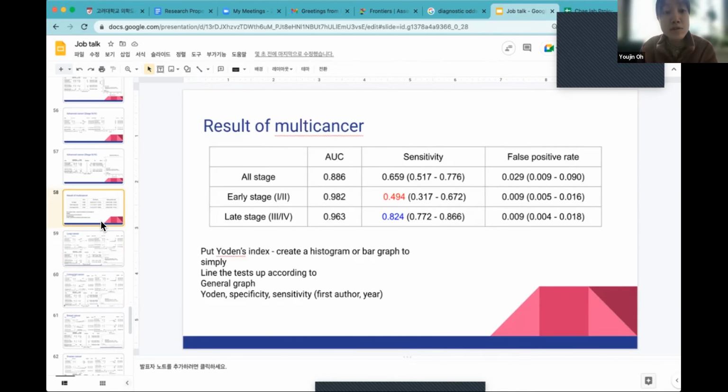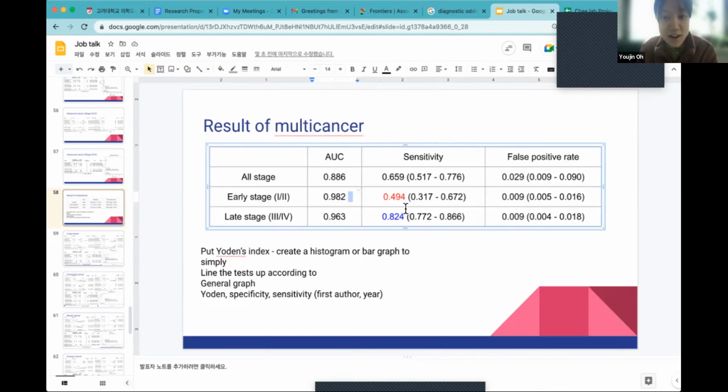And here I just said that sensitivity dropped and went up just according to the numbers, but I'm thinking of actually running a statistical analysis to see whether these numbers are really different or not. Yeah, you can do that. Okay, I'll add that small part so that we can really say that the sensitivities are different according to the stage.